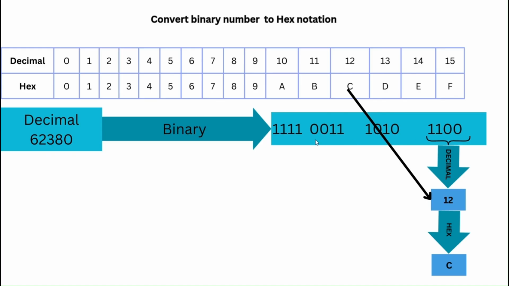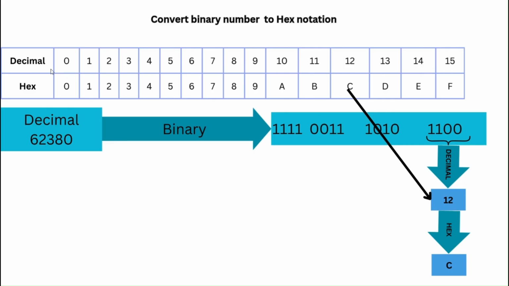If you see, we have to start from the right side, because as we discussed earlier, the least significant bit is on the right side. So the first chunk is this one, 1100. If you convert it to decimal, it is 12.